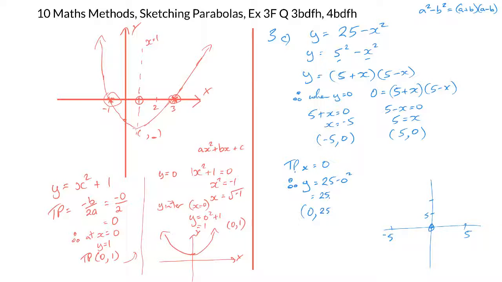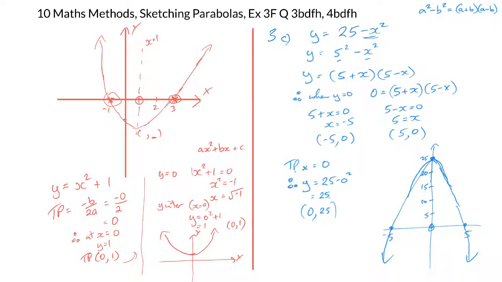I'll have to use a different scale on the vertical. 15, 20, 25. There's a turning point. There's the two axis intercepts, and my parabola looks a little bit like a triangle. Sorry, I'll curve it off a little bit, but there's my parabola. And you see that it's a negative x squared. The negative tells me that it's a sad graph. That's why it's like that.